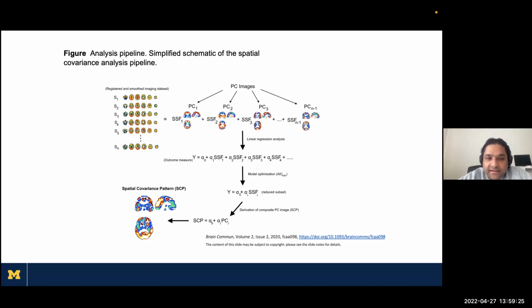Then you do a linear regression with outcome measures to find the minimum AIC values, and you use the reduced subset of principal components to come up with a spatial covariance pattern, the way we did, to separate between the two groups.